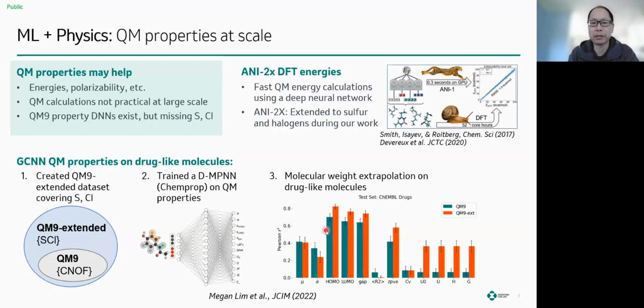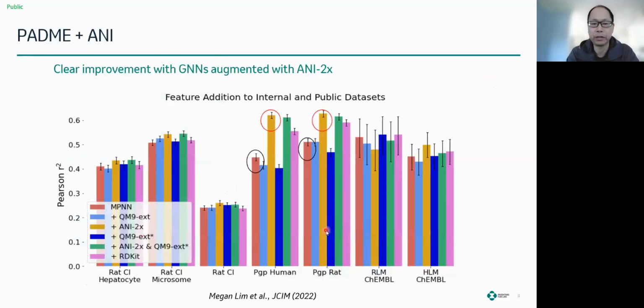And so we applied these approaches to try to improve a number of our ADME models. And this is clearance, various forms of clearance. And then this is PGP efflux.